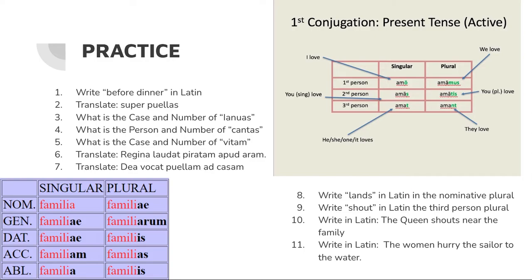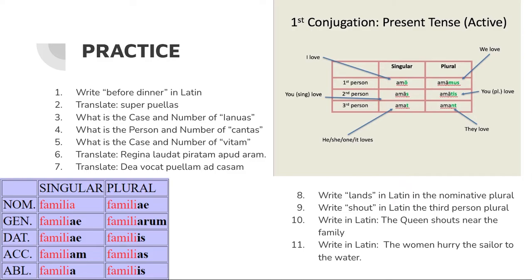Number two, translate super puellas. Super means above, and puella means girl. However, puellas is accusative plural. So if a girl is in the plural, it must be girls. So super puellas is above the girls. That's what number two is.